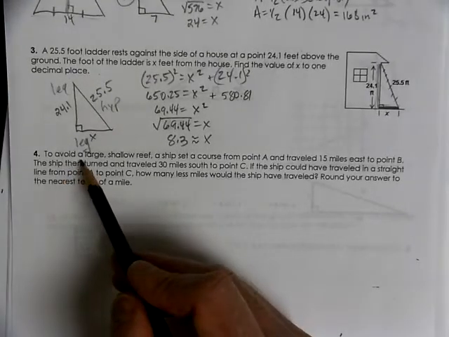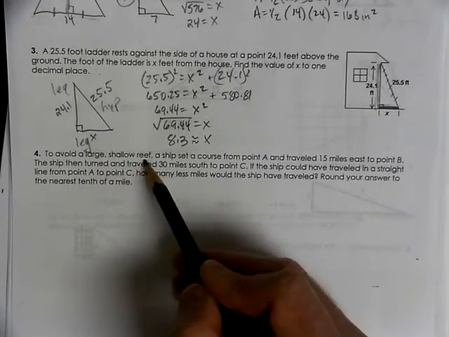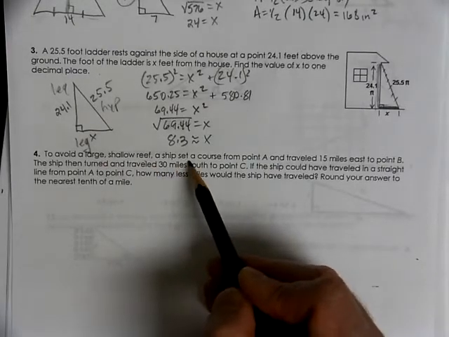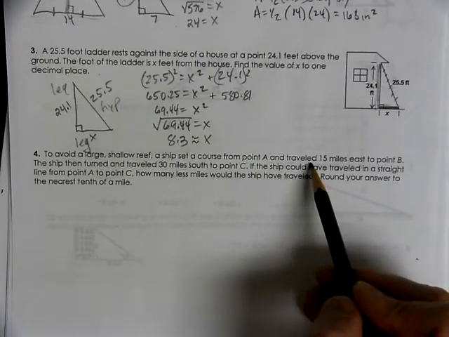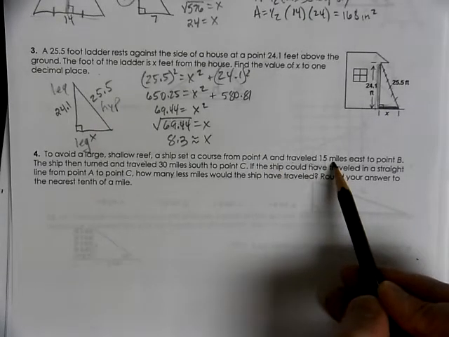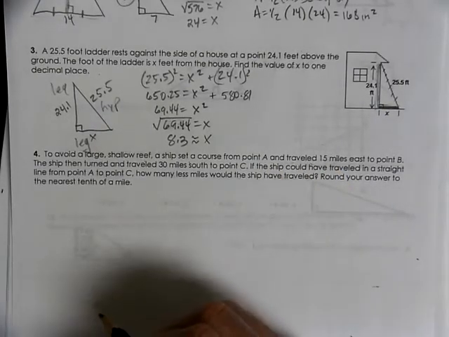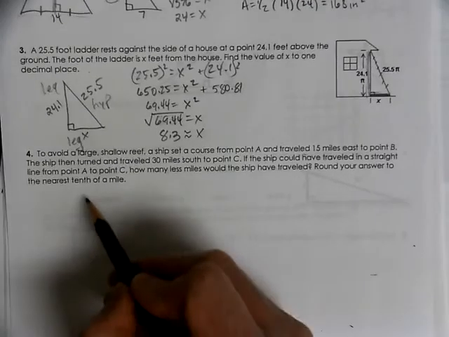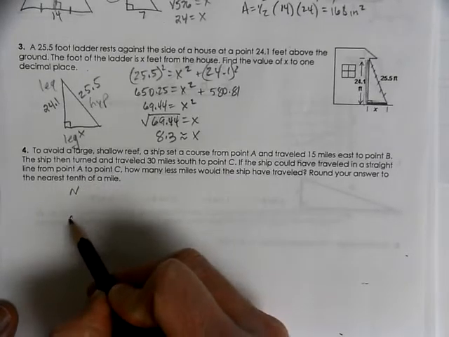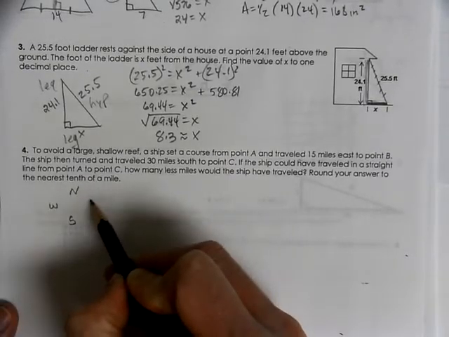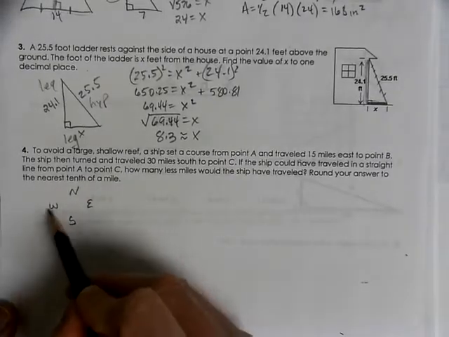We're going to avoid a large, shallow reef, and a ship sets a course from point A and travels 25 miles east. So north, south, west, and east. Right? It spells we.